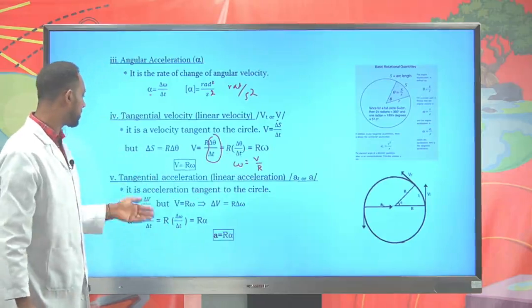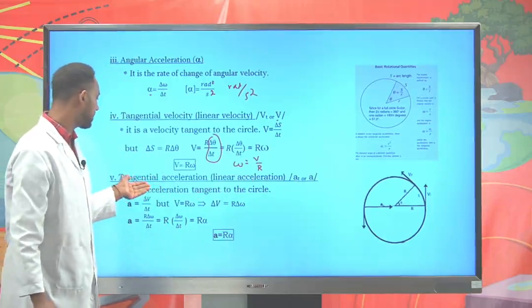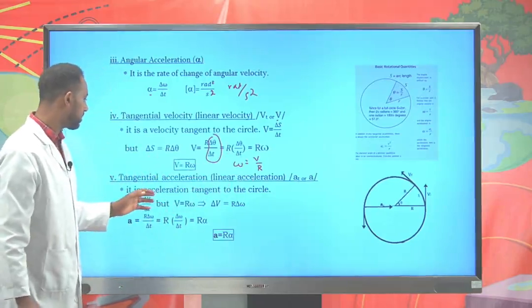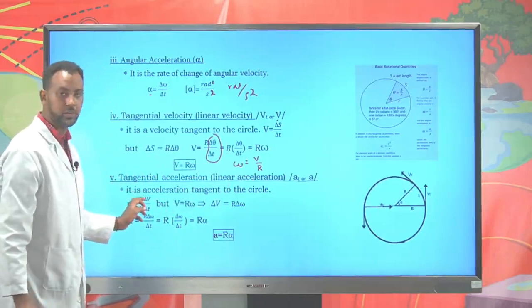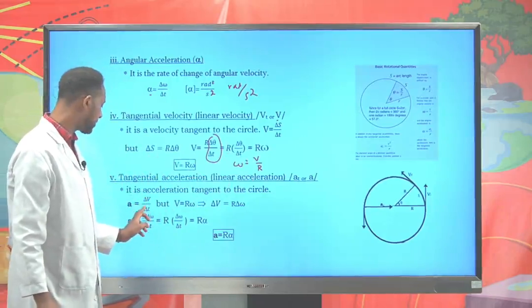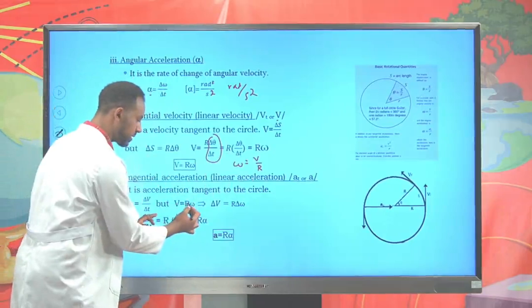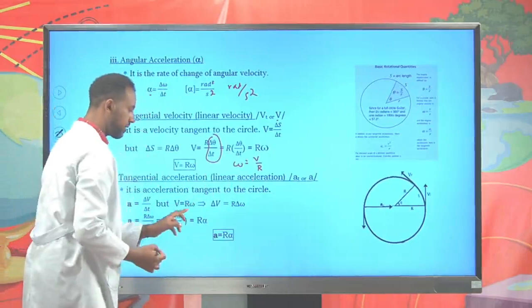It's also possible to relate tangential acceleration, or linear acceleration. Tangential acceleration is generally defined as the rate of change of velocity over time t. But we have said that velocity can be given as radius r times angular velocity.